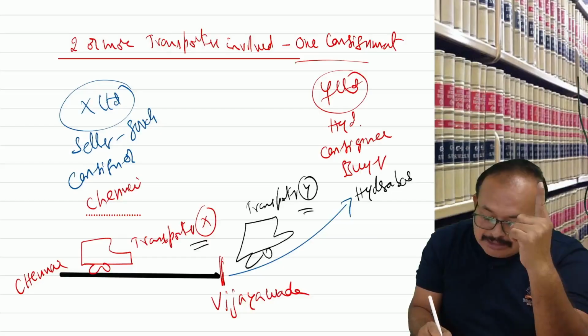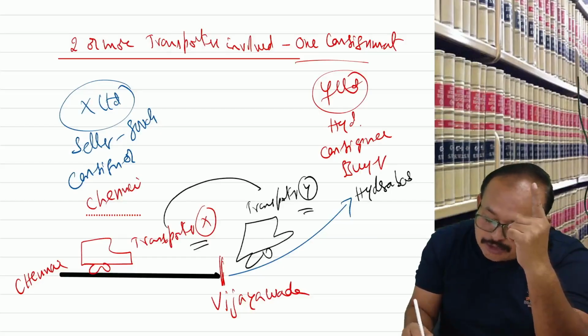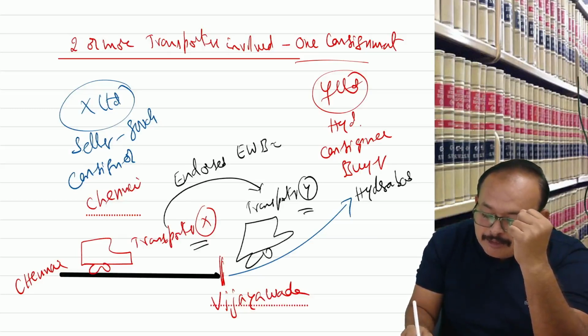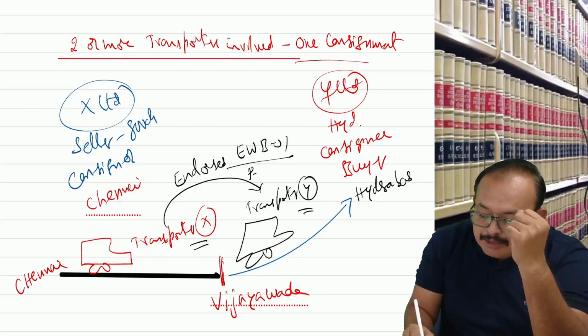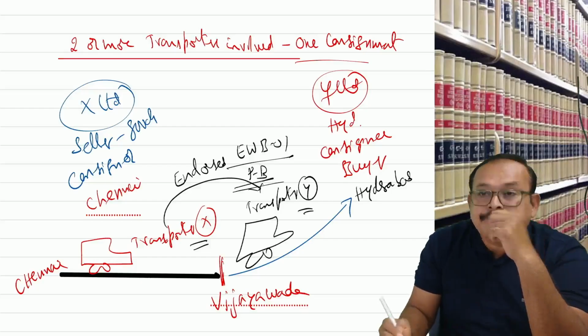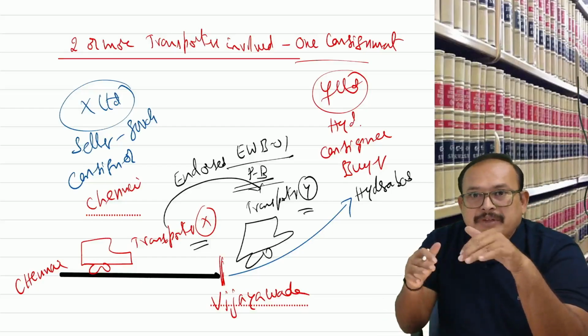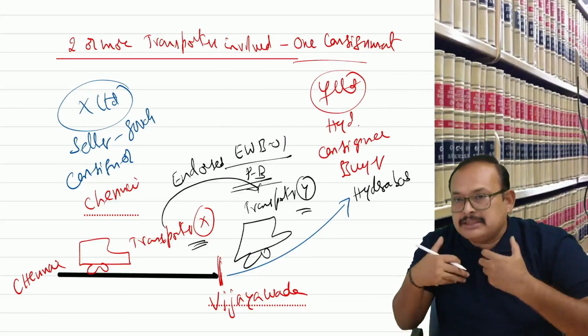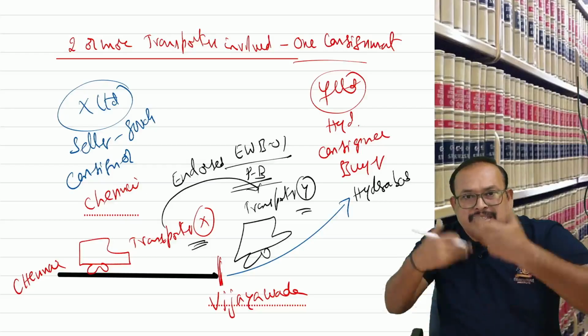Here, the transporter should endorse EWB 01 Part B. Part B information, which X submitted in his GST EWB 01 when he generated the e-way bill.